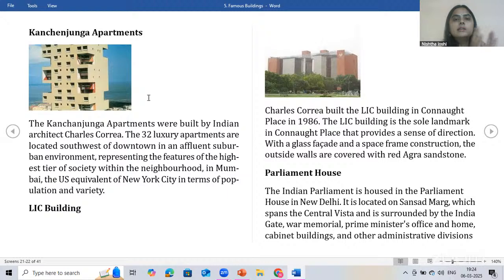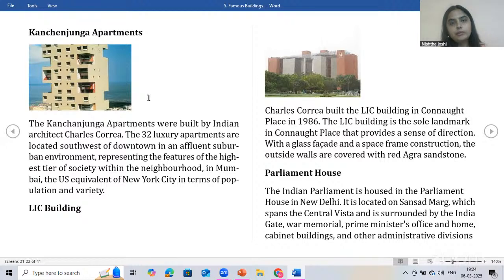It is designed so well, keeping in mind the sun path and climatic conditions of the city, that even today it is considered as one of the best designed buildings and as an example of apartment building design in India.